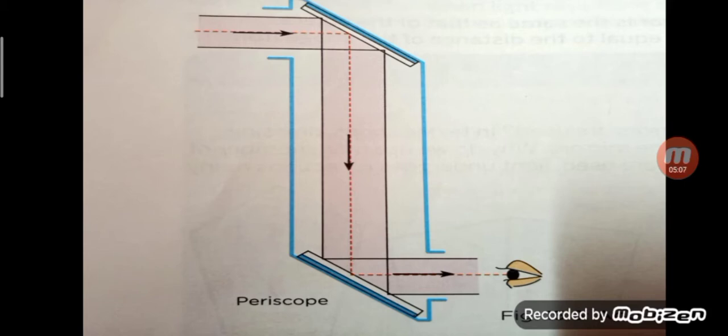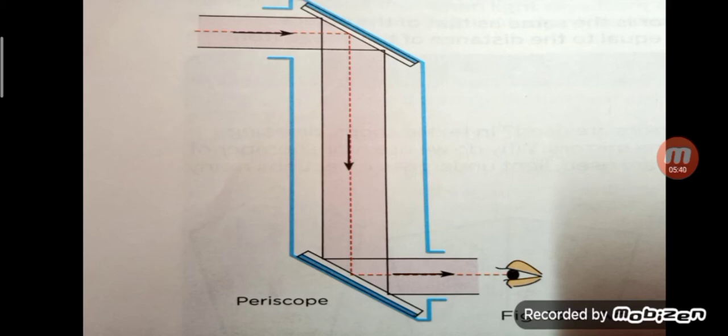When the light hits the top mirror at an angle of 45 degrees, it gets reflected away at the same angle. The light then bounces down at the bottom mirror and it is reflected again at 45 degrees right into your eye. A periscope lets you look around walls, corners or other obstacles.